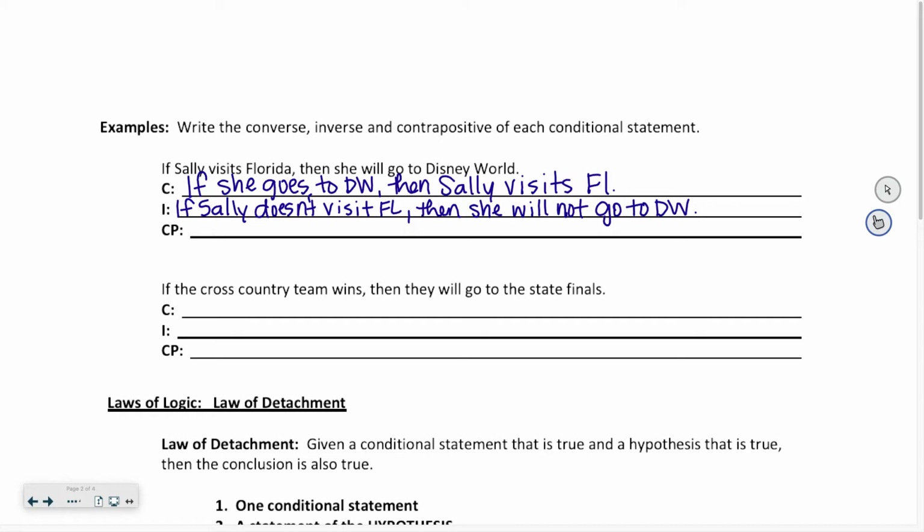If Sally doesn't go to Florida, then she will not go to Disney World. True or false? True. If she doesn't go to Florida, then she can't go to Disney World.